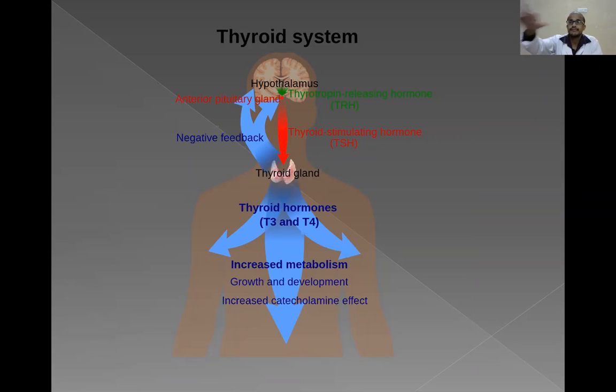And you know the feedback mechanism of control of T3 and T4. T3 and T4 are produced by stimulation by TSH, which is produced from pituitary, and which is controlled by TRH, which is produced from hypothalamus. So all this.